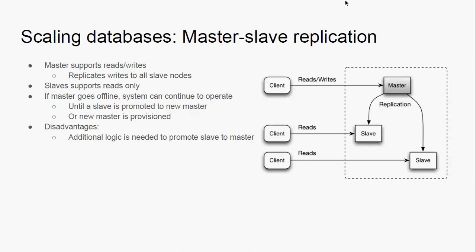The first technique is master-slave replication. The idea here is that instead of having one node, you will have one master node and 1 or 2, or you can keep adding slaves as many as you want. But you need to judge how many slaves you really need based on your user traffic and read-write ratio.